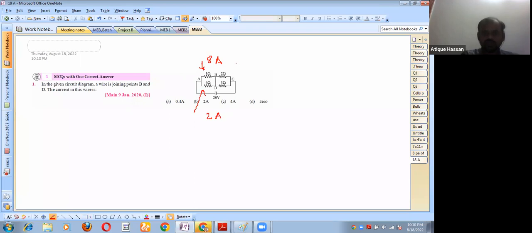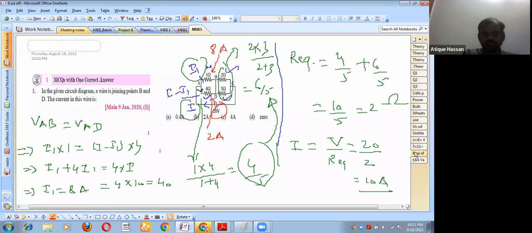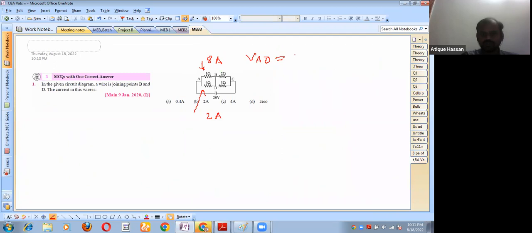Now we can find the potential across AD, which is equal to the potential across AB, and which will be equal to I1 into 1. So VAD will be equal to VAB, and it will be I1 into 1.